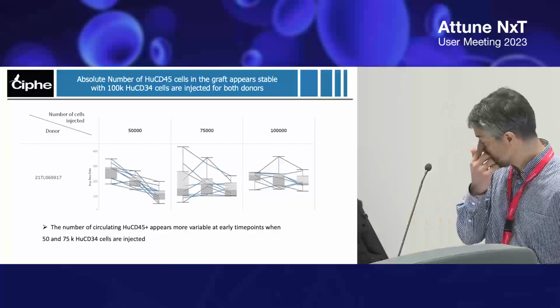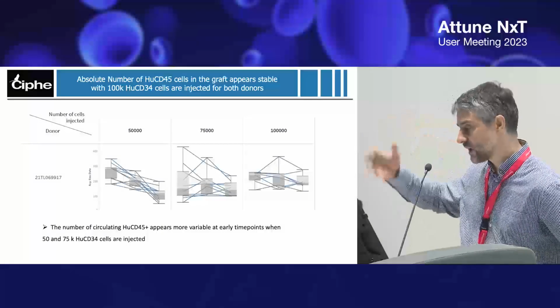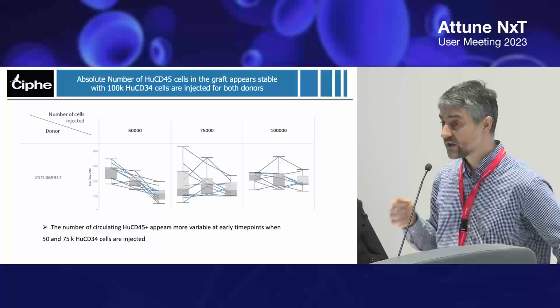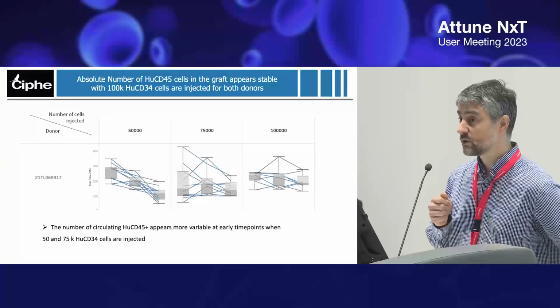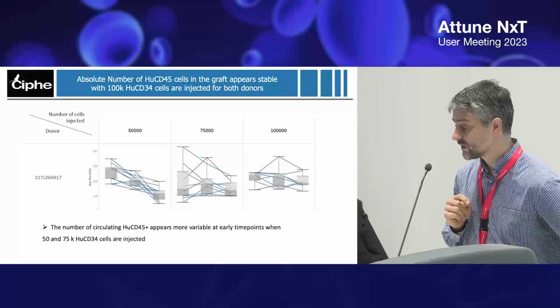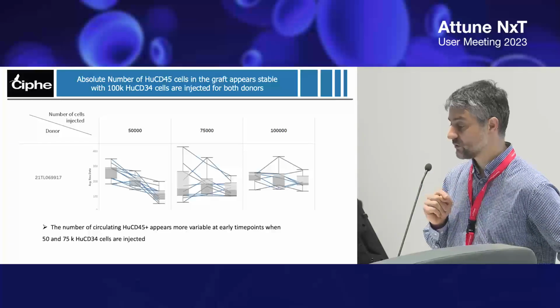That's why, in the process of helping our partner optimize their humanization conditions, what has been key in this experiment was to look at the number of cells circulating in these animals.